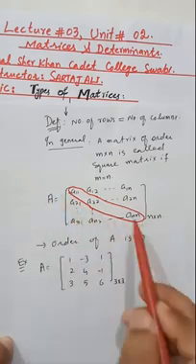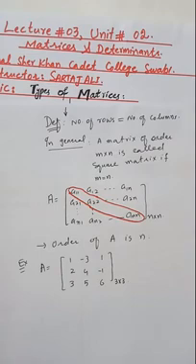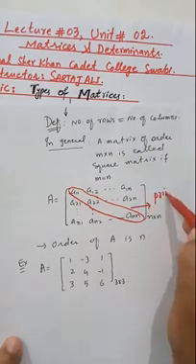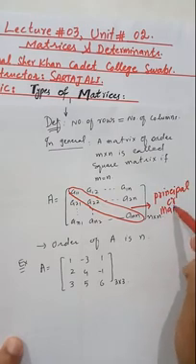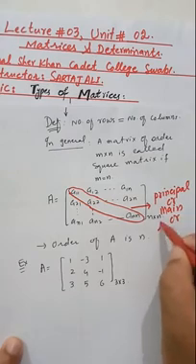So these elements lie on the diagonal, and this diagonal is called the principal diagonal, or main diagonal, or leading diagonal.